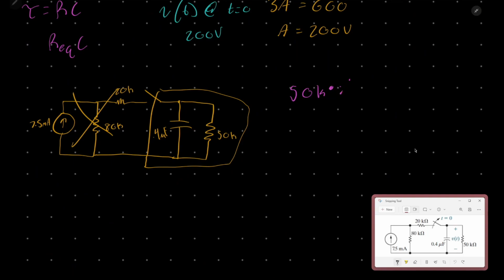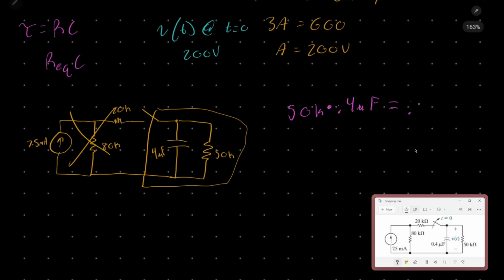Let's rewrite that. 50K times 0.4 microfarads, and that's going to equal, using the calculator, 1, 2, 3, we get 0.02 seconds, because tau is in seconds. Okay, so we have that, that's the same thing as 20 milliseconds.